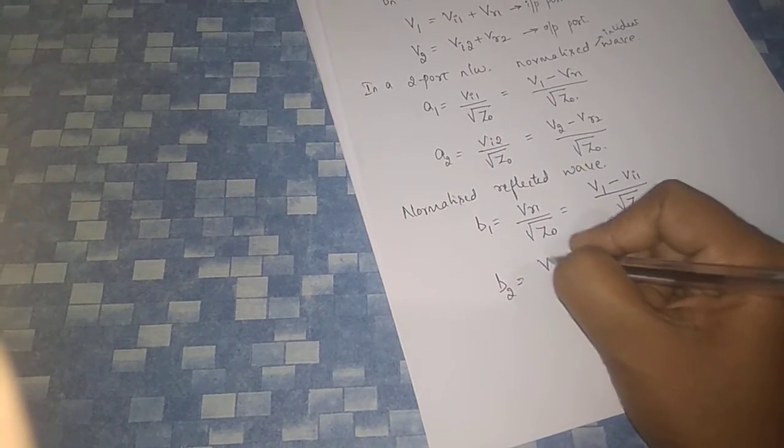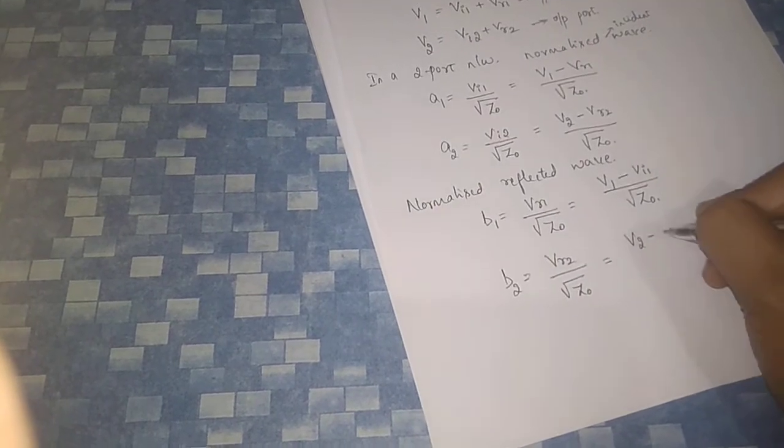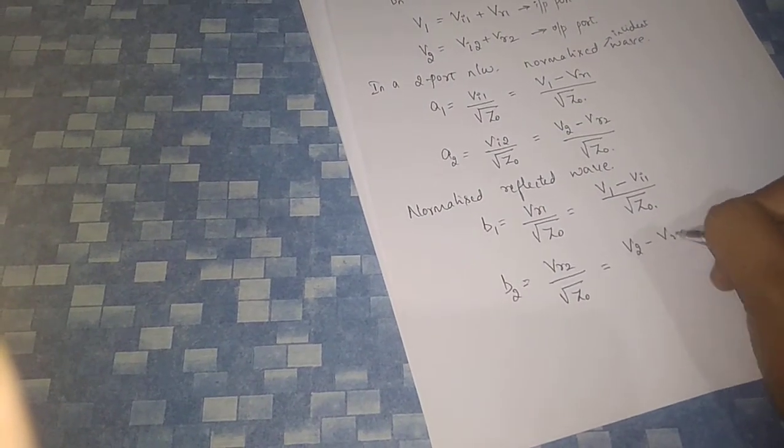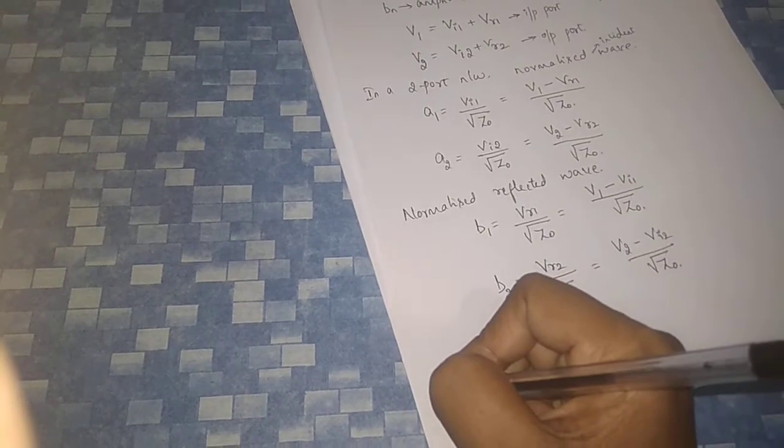Similarly B2 is equal to Vr2 divided by root of Z0, which is equal to V2 minus Vi2 divided by root of Z0.